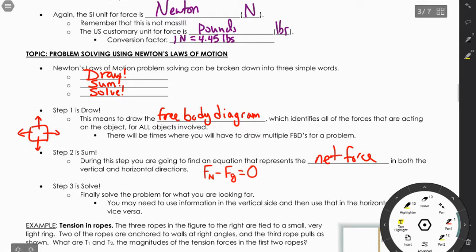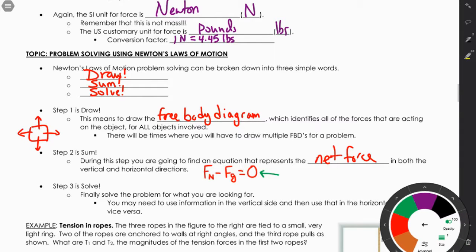Now, this would be something in the horizontal direction. If it's an object on a table, it's not being accelerated. But this 0 is representative of m times a, because remember, that is what the sum of the forces equals. So this is simply the sum of the forces.